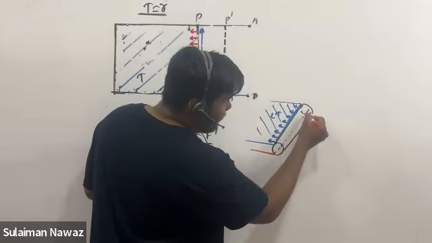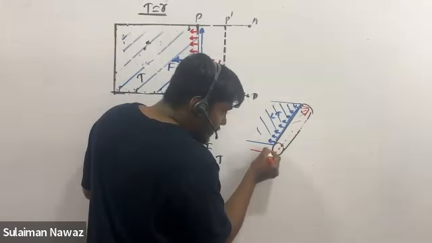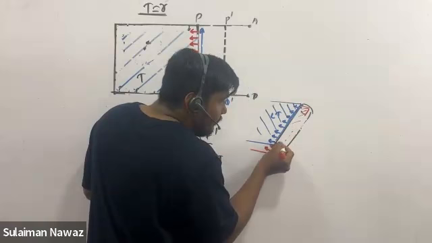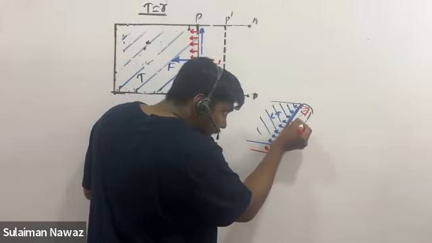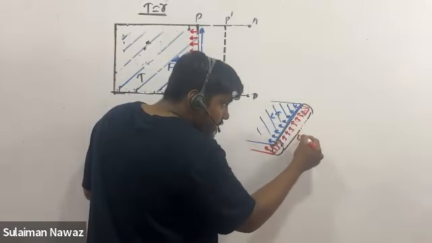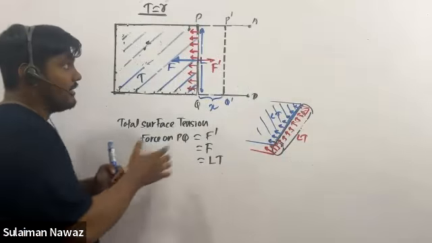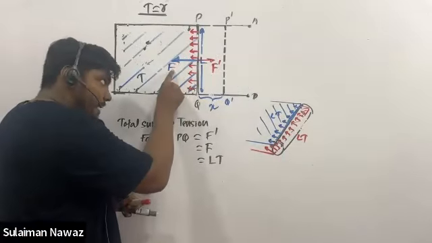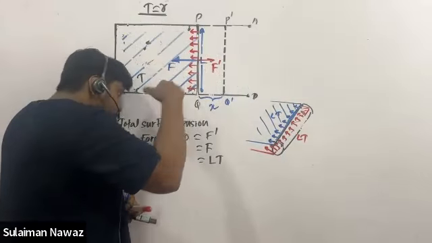Because of that bottom layer, which is also in contact with the PQ rod, again there will be a force LT. Then if I ask you, F dash equals F, it means L into capital T into 2.